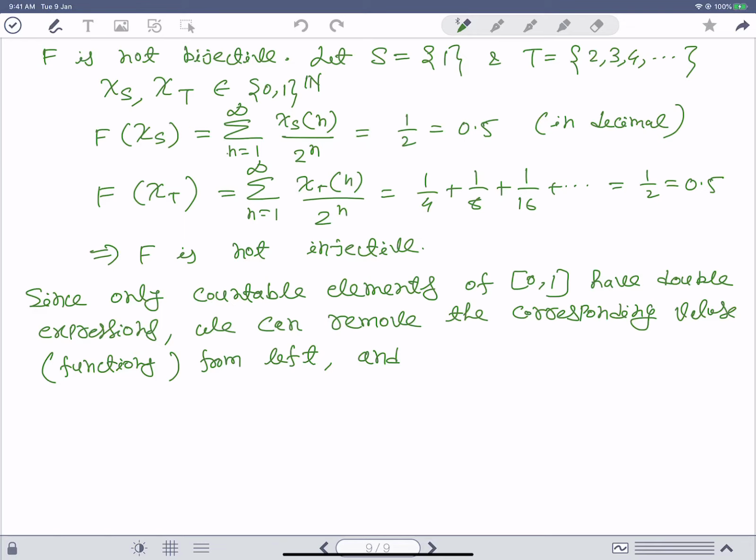Since we are deleting only countable values from the left, the cardinality will be the same as before, and then we can prove this. Okay, so in that case you can directly find the bijection.